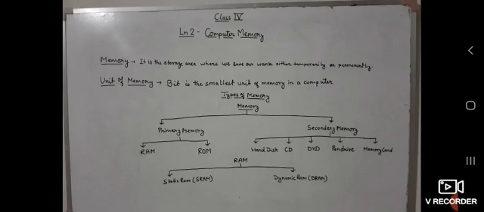It can hold it on a temporary basis while the computer is switched on. As we switch off the computer, whatever work or data is stored is erased from primary memory. Now primary memory is classified into two parts: RAM, random access memory, and ROM, read-only memory.